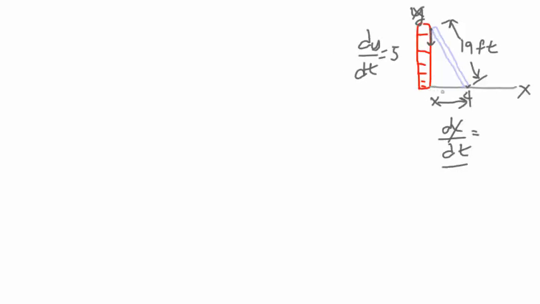Now we're working with a right triangle. So x squared plus y squared is equal to r squared. So that's what we're going to be working with right here, since we're working with a right triangle. Now, here's some things that we're going to need to know. We need to know what y is, right?